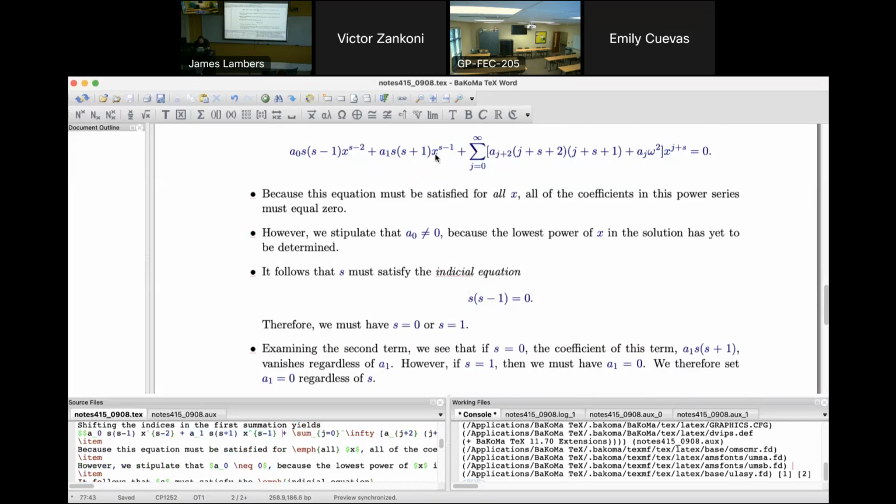But if s equals 1, then we get a1 times 2 times x to the s minus 1, which means in that case a1 has to be 0. Since we have one possibility where a1 can be chosen however we like, and the other where a1 must be 0, we're just going to let a1 be 0, to make things easier.